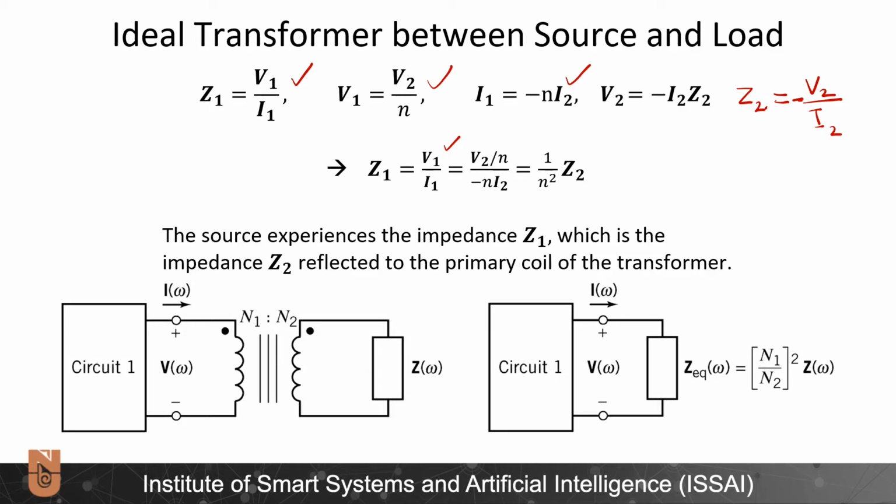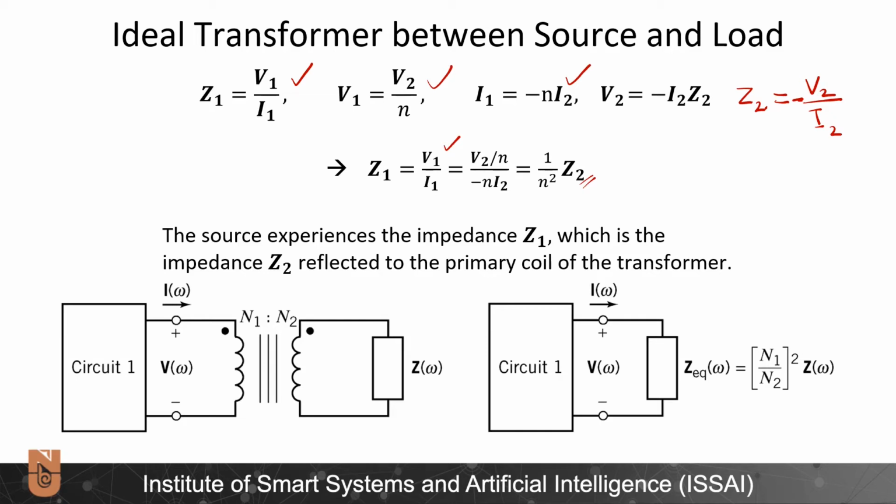And since minus V2 over I2 is equal to Z2, then Z1 is equal to 1 over N squared times Z2. This is an interesting result. So, in general, we can tell that the source of the circuit experiences the impedance Z1, which is actually the impedance Z2 reflected to the primary coil of the transformer.